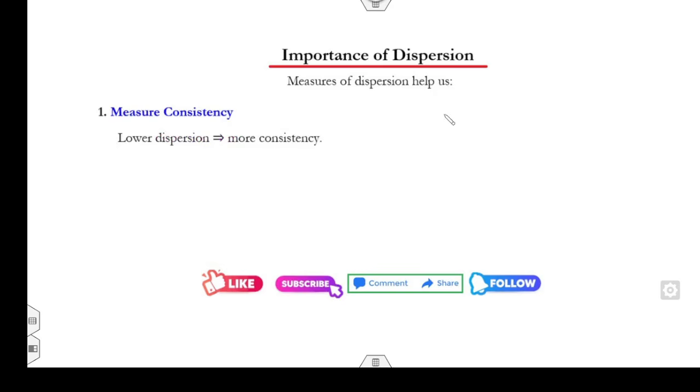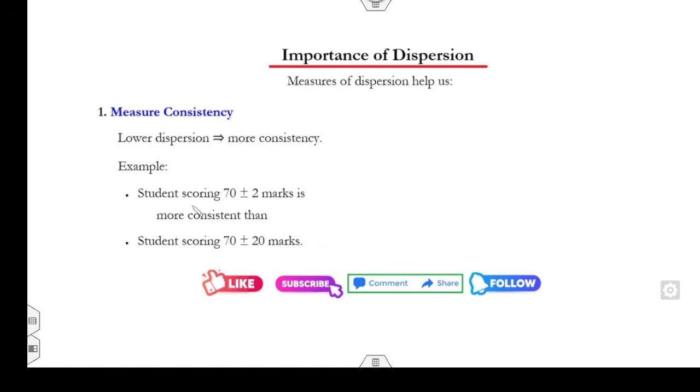For example, say this is my first student and this is my second student, and the average marks of both students is 70. Fine. But there are some variations. The average marks obtained by the first student is 70 plus minus 2, that means 68 to 72. This is the marks obtained by the student. That one is more consistent than the other, whose marks range from 50 to 90.